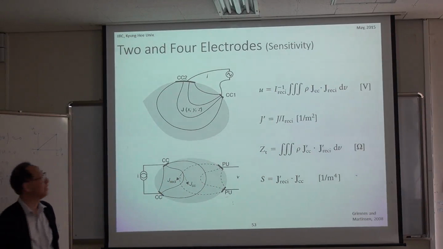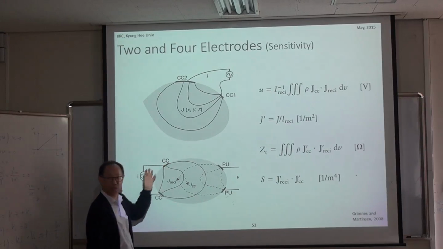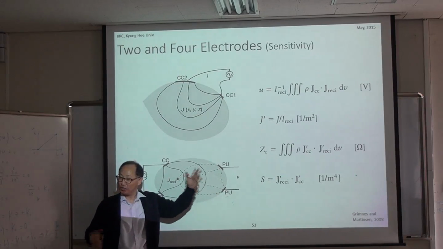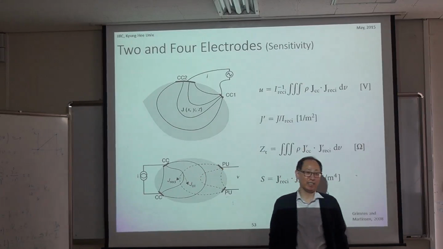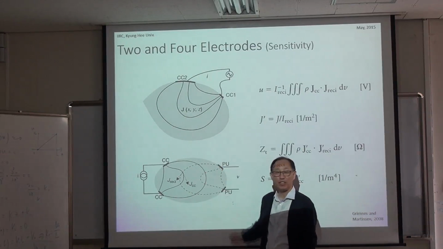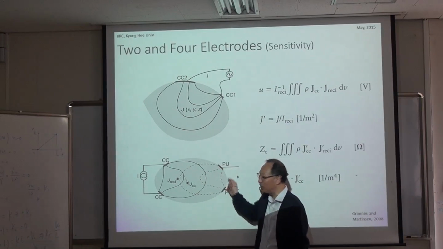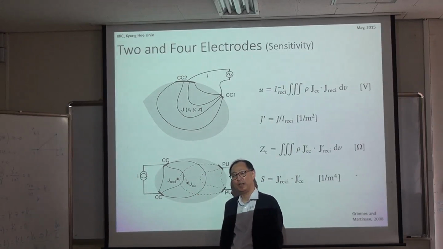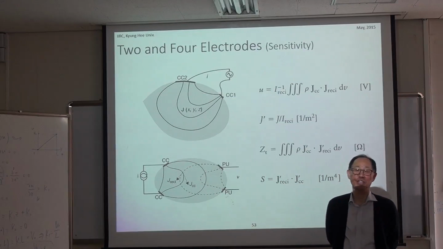Okay? Now, we are injecting current using these two electrodes and measuring voltage using these two electrodes. Then what's going to happen is, dotted lines are the lead field, right? This is the lead field. This is the current density which we will have when we inject current from here to here, right? So dotted lines are the lead field. Solid lines are the induced current density.